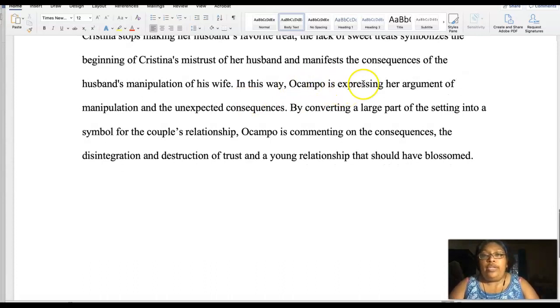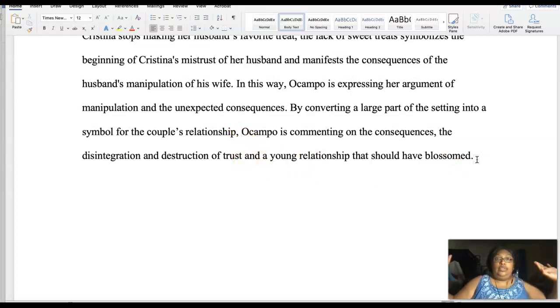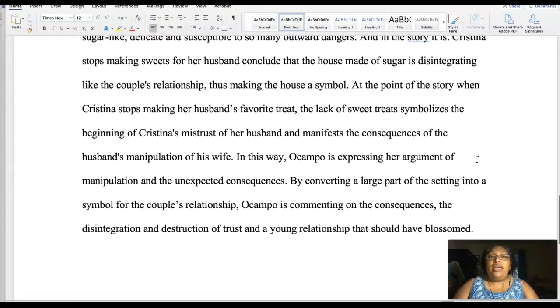In this way, Ocampo is expressing her argument of manipulation and the unexpected consequences. By converting a large part of the setting into a symbol for the couple's relationship, Ocampo is commenting on the consequences, the disintegration and destruction of trust, and a young relationship that should have blossomed. Done. You see how that works?